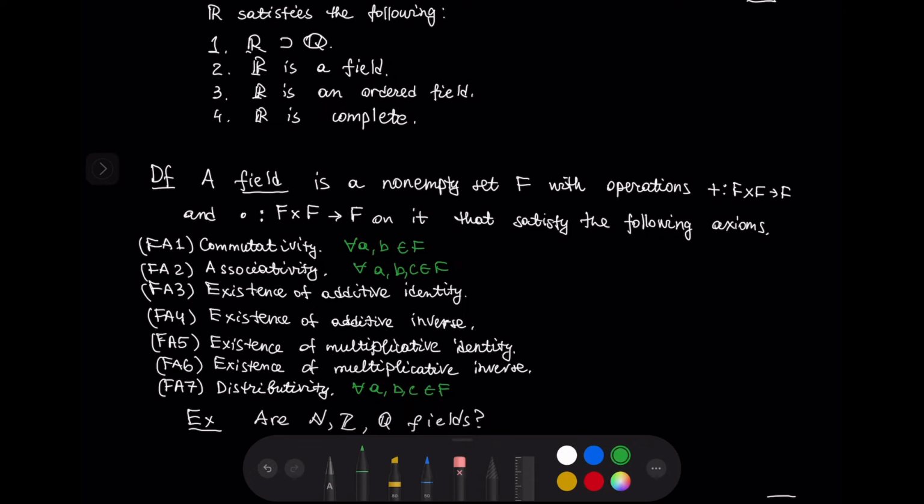And just in case you were wondering what F cross F stands for in this notation, F cross F is a Cartesian product.